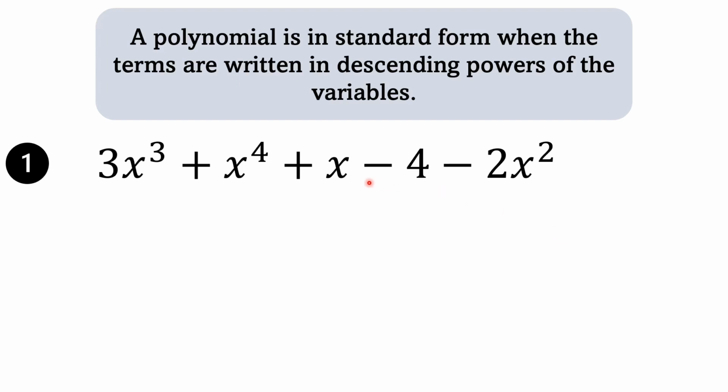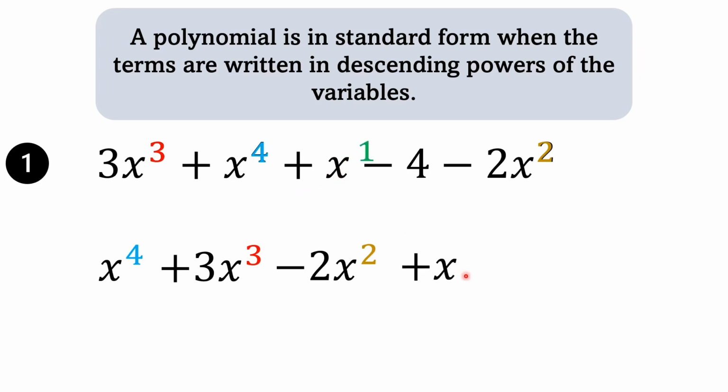So the highest power is 4, so that will be the leading term. So copy x raised to 4 and then followed by cube. So that is plus 3x cubed. Then next is power of 2, negative 2x squared, followed by power of 1, that is plus x, and then minus 4.